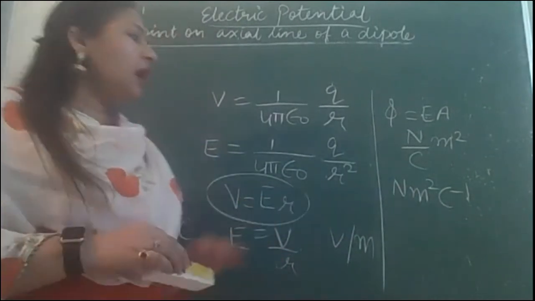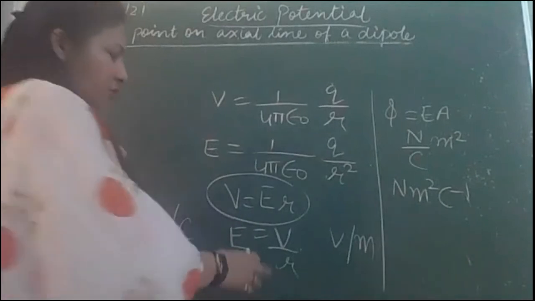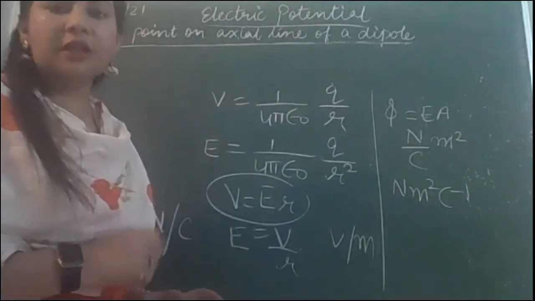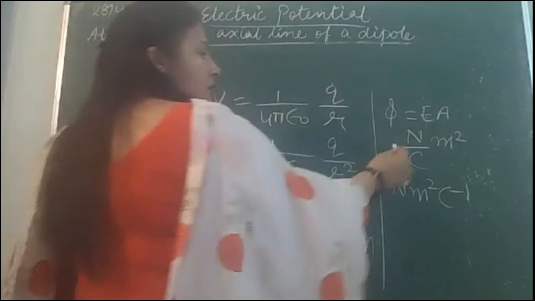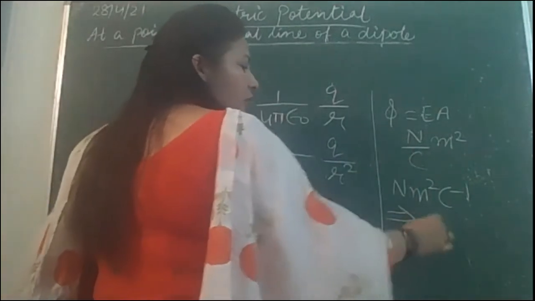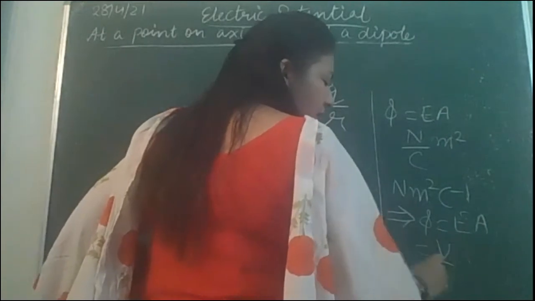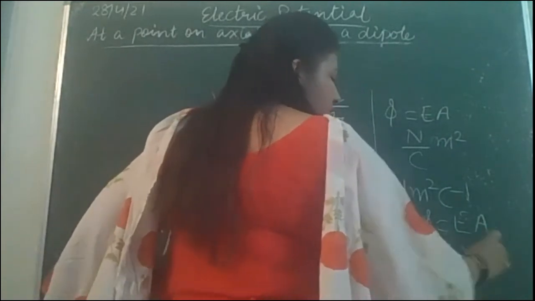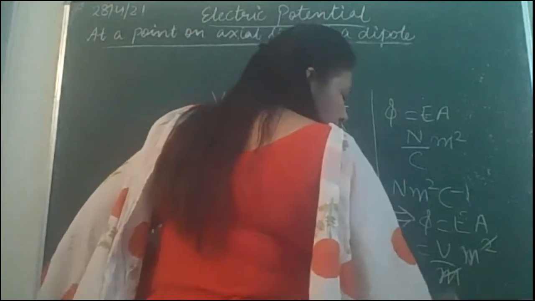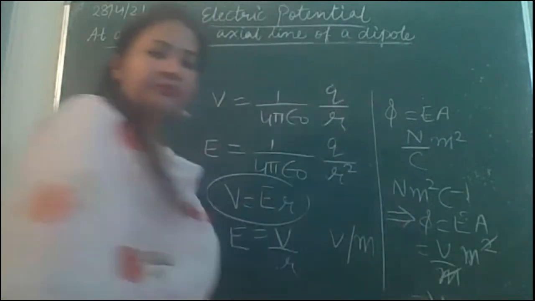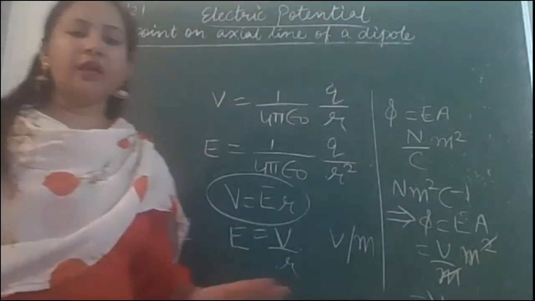ठीक है. अब इसका एक और यूनिट हो सकता है if we use this unit now of electric field intensity, volt per meter. So let us use another unit now. Phi is EA. Now let us use volt per meter. Area is meter square. 1 meter gets cancelled and we get volt meter. So please note it down. Very few students they will know this thing.